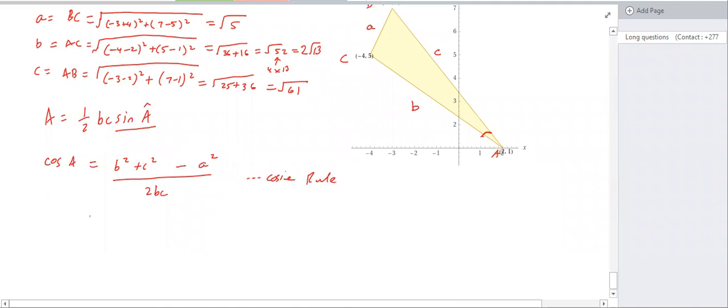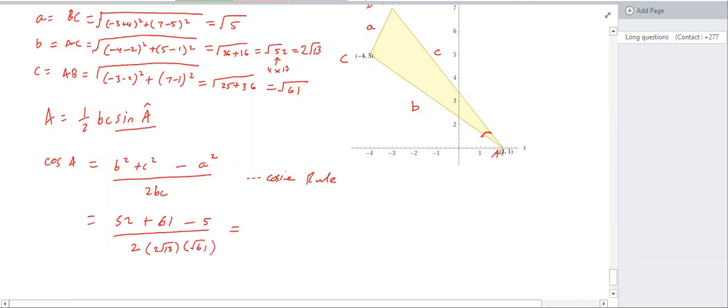Now, we can get a representation for cos of angle A. This is equal to b squared plus c squared minus a squared. b squared is 52. c squared, we can see from above, is the square root of 61 all squared, 61, minus a squared. a squared is 5, divided by 2 times b times c, 2 times b, which is 2 root 13, and c is the square root of 61.